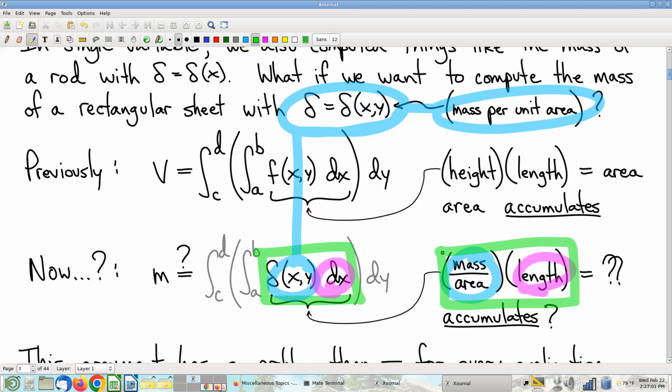I mean, I guess we could argue that maybe this is mass per unit width. Seems like maybe. Well, what is that? That's weird. Think about population instead of mass. If we had population per unit area, that's a thing. I know what you mean if you say population per unit area.